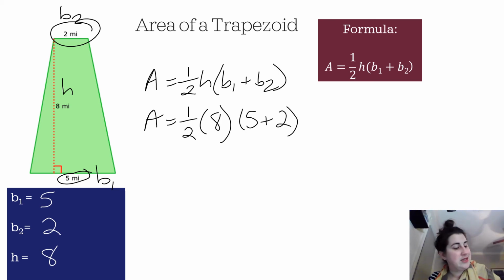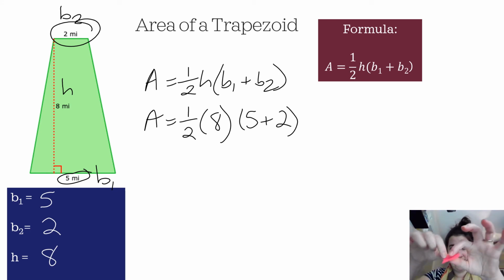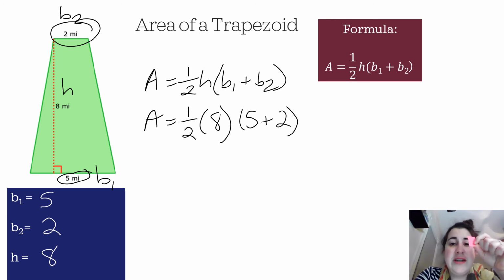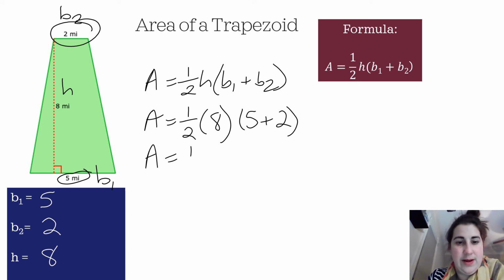And guys, just like any shape, this shape is the same as this shape, it's just upside down. So if you're thinking about which is my base 1 and which one's my base 2, it doesn't matter, as long as you have 2 different numbers in there, okay? All right, so area equals 1/2 times 8, and we have to do this step first.